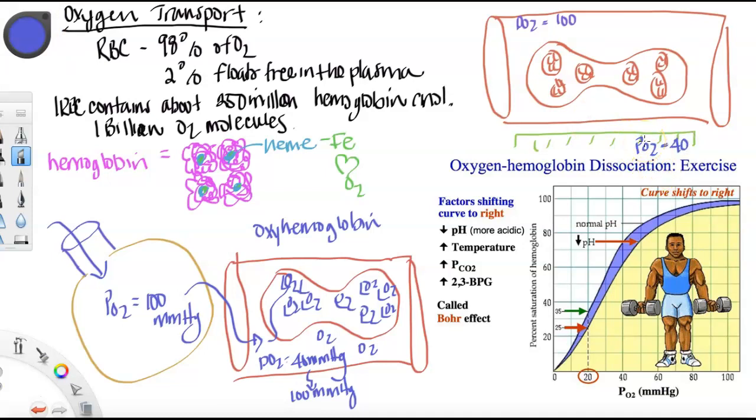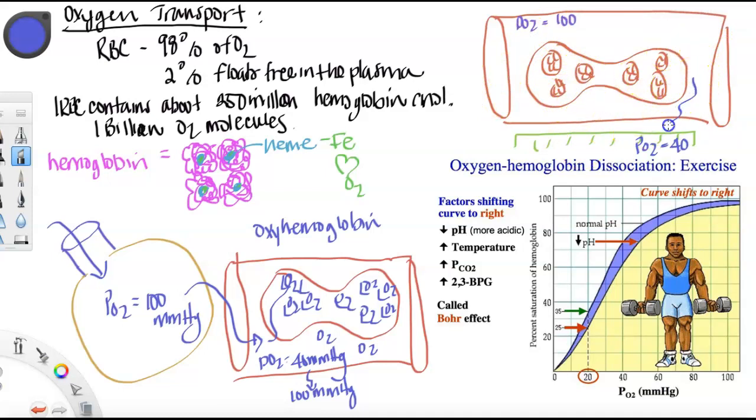That change to 40, that lower pressure, is almost a pull. And that difference in partial pressure allows the oxygen to be less sticky to the hemoglobin, and it will move over.